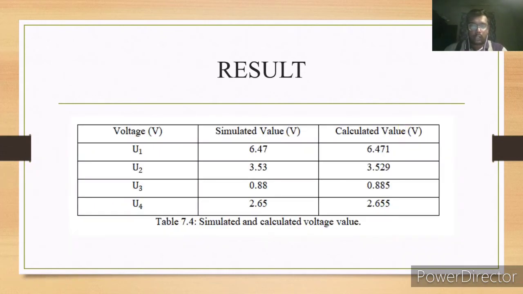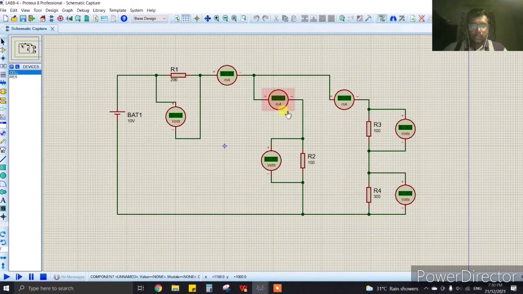So let's look into the result. Before we look into the result, let's jump straight to the simulation. This is the circuit design that we have designed using Proteus software. As you can see, this is R1, R2, R3, and R4, which have resistive values of 200, 150, 100, and 300 ohms. There is a voltmeter connected in parallel to R1, R2, R3, and R4, and the ammeters are connected in line with the circuit.